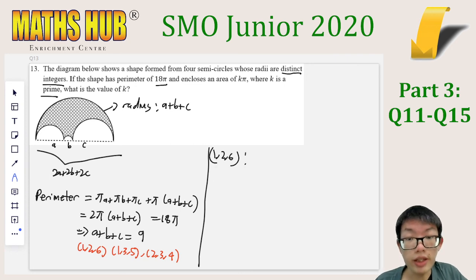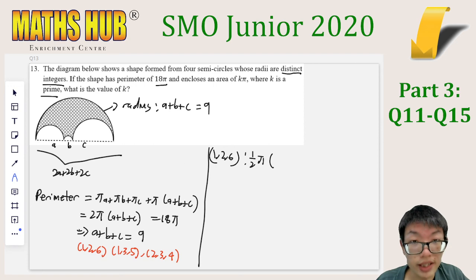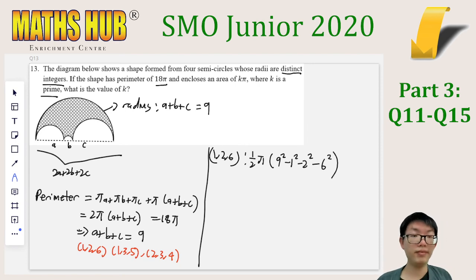If it is 1, 2 and 6, the area is half times pi, so it's half pi r squared for each of those semicircles. So a plus b plus c is always equal to 9, since we have already established that. So 9 squared minus 1 squared minus 2 squared minus 6 squared. Quick calculation tells us that this is 20 pi.